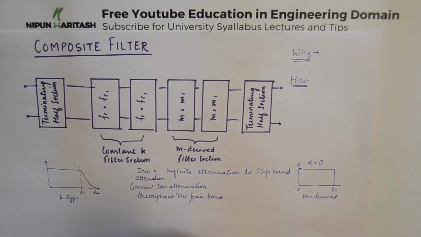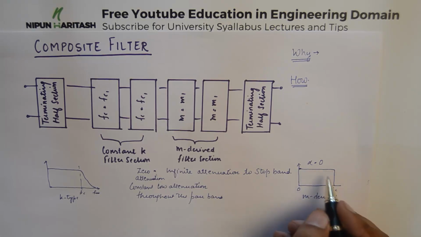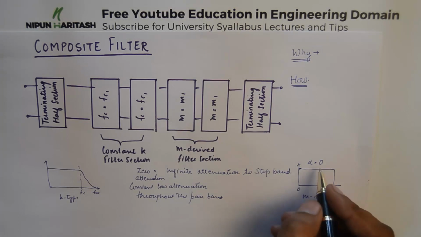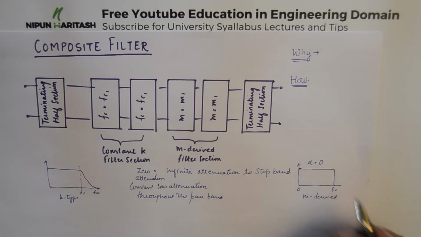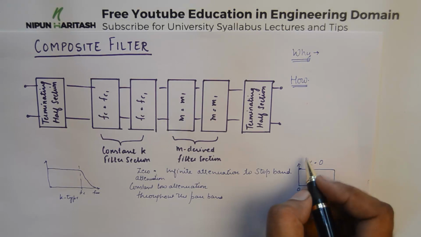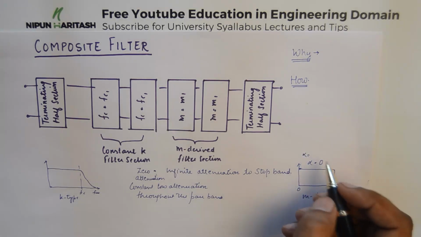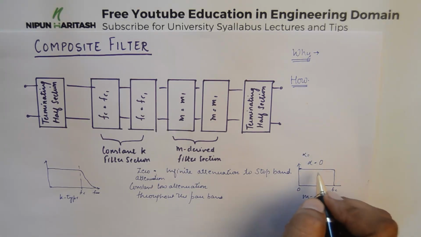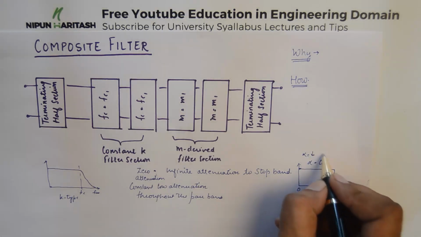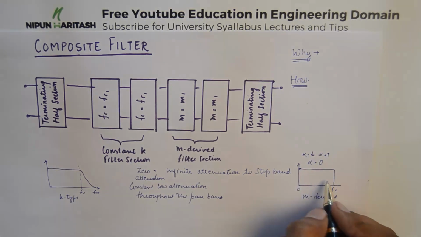So please understand, the response of the filter towards the attenuation as we move from 0 to FC is what is addressed in the composite filter. We want this to be 0 ideally, or as low as possible, but we do not want it to vary a lot, because we do not wish that the attenuation, if it is pretty low at initial frequencies, starts to increase as we move up in the range.